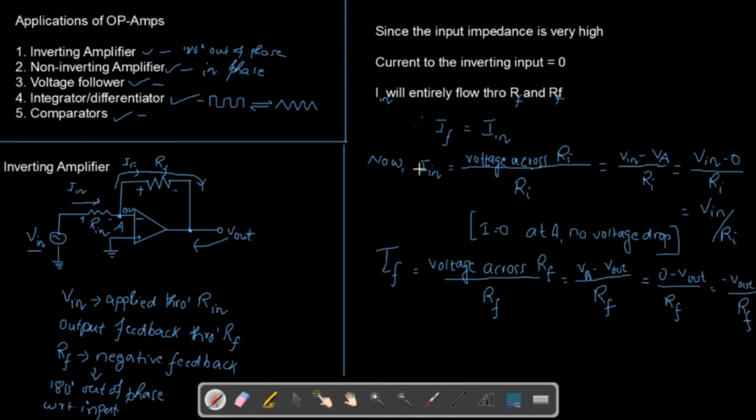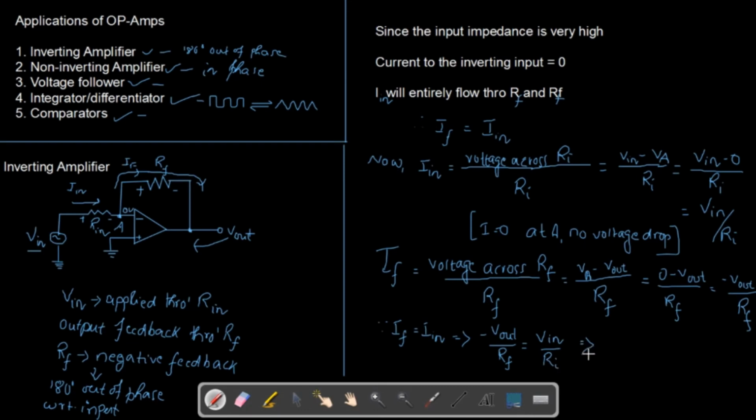So we have got what is I in, what is IF, okay, and as per the definition, I in and IF must be equal. That's the same current that we are usually talking about, right? So since IF is equal to I in, what we can write is minus of V out divided by RF is equal to V in divided by Ri, right?